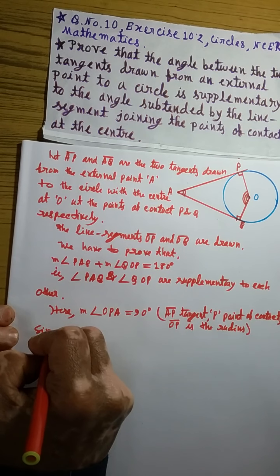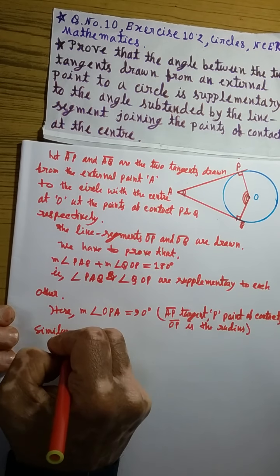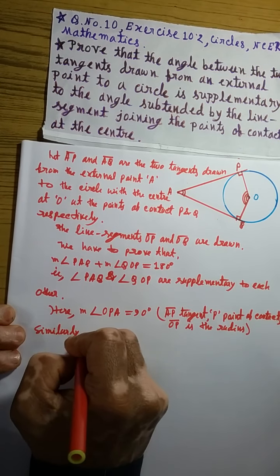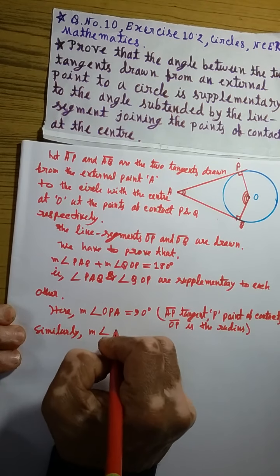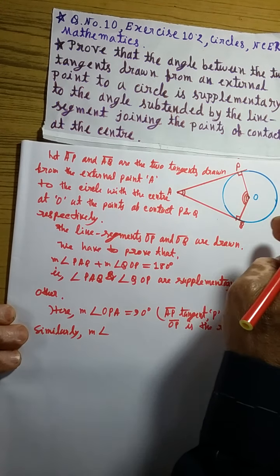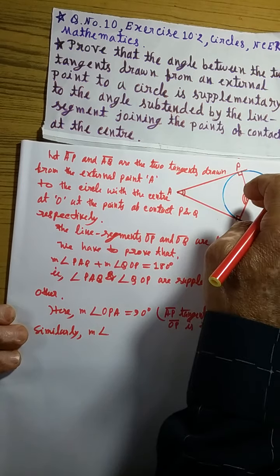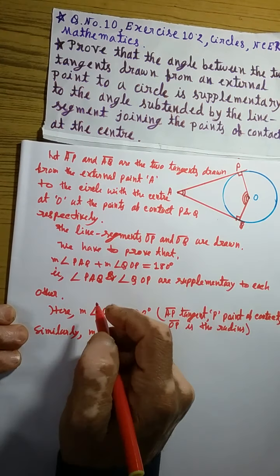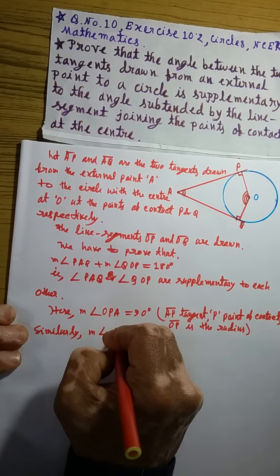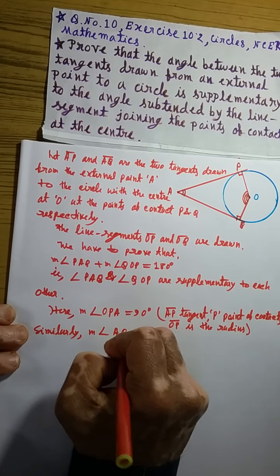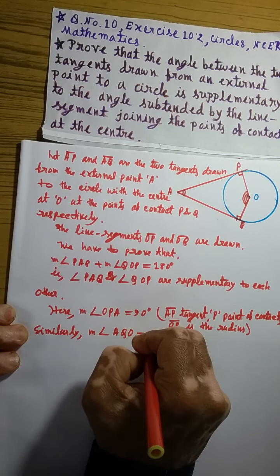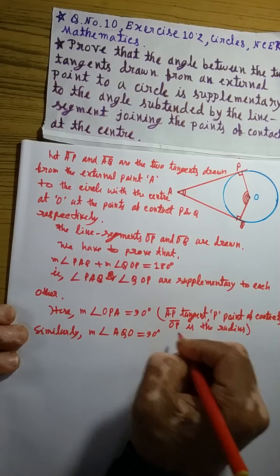Similarly, write similarly, measure of the angle AQO is equal to 90 degrees.